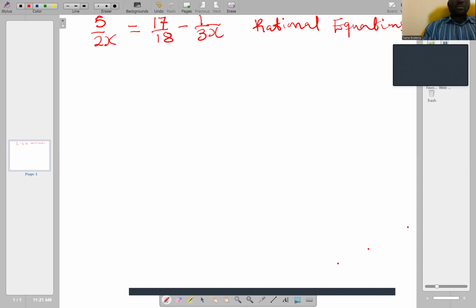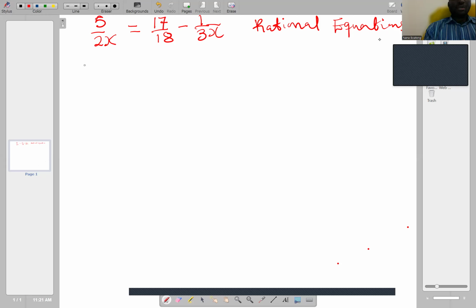And the consideration or some other factors that we have to take note of when we have rational equations is that, for example, in this particular example, if x is equal to 0, we notice that the denominator for 5 divided by 2x, which is 2 times 0, gives 5 divided by 0, which is an undefined expression.